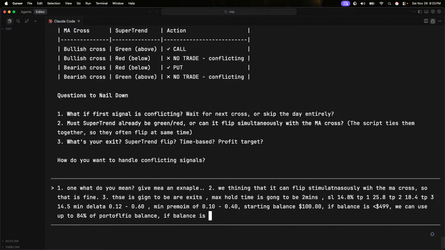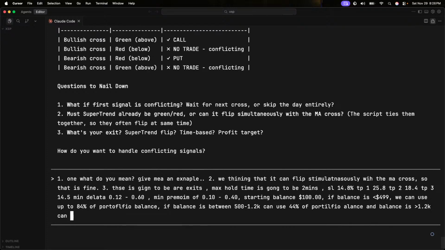If balance is between 500 and 1.2K, can use up to 44% of portfolio balance. And if balance is greater than 1.2K, can use up to 20% of portfolio balance.